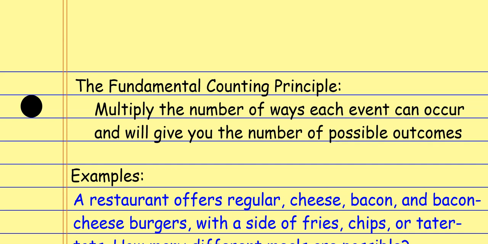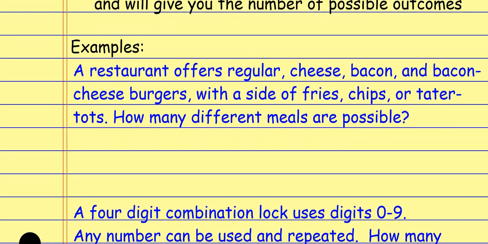For example, a restaurant offers regular, cheese, bacon, and bacon cheeseburgers with a side of fries, chips, or tater tots. How many different meals are possible? Basically, we have to choose a type of burger, and if we count them up, there are 4 options for the burger. Then we look at the sides: there are 3 options.